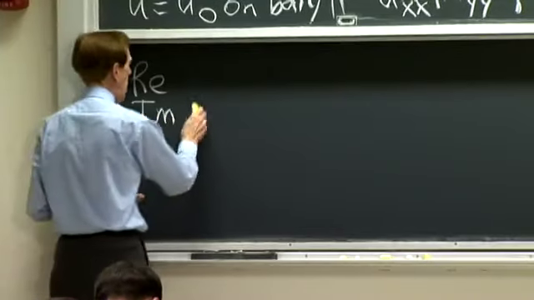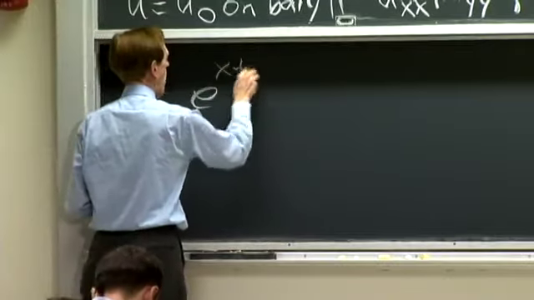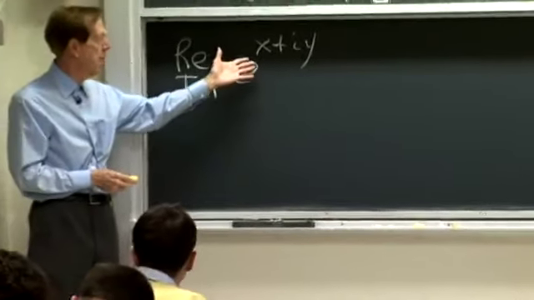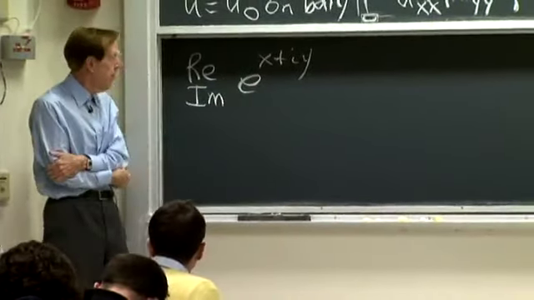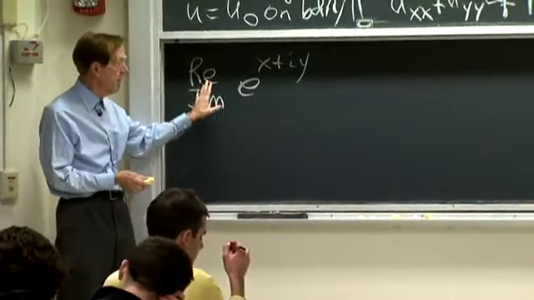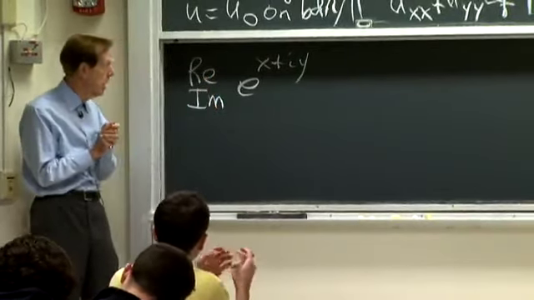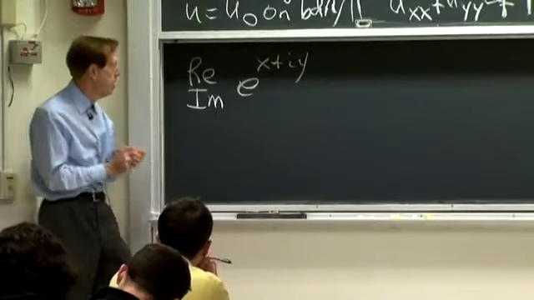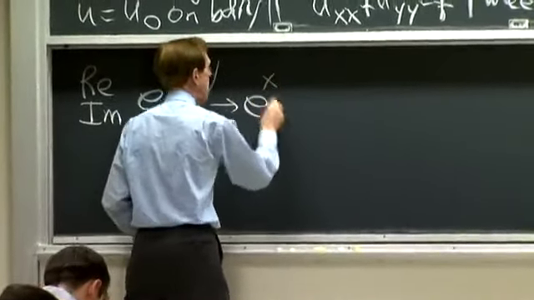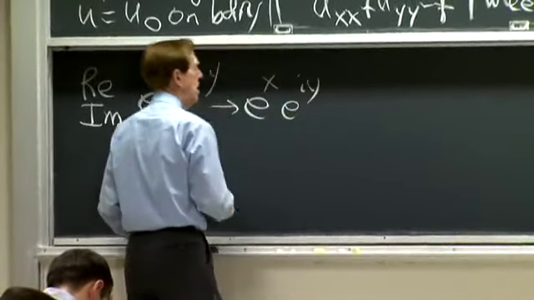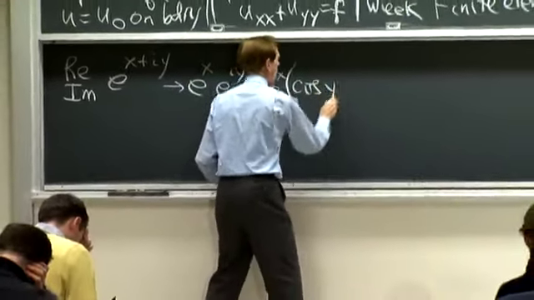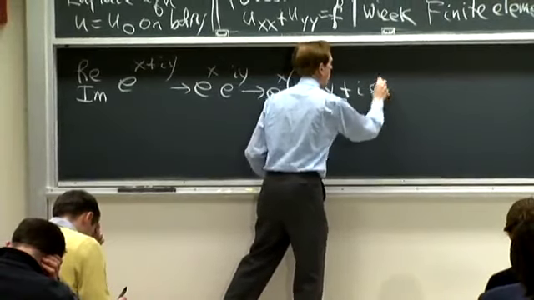Let me take e to the x plus iy. It's a function of x plus iy, an extremely nice function, and we can figure out its real and imaginary parts, and we get two solutions to Laplace's equation. Because the good way is to write this thing as e to the x times e to the iy. And again, we'll write it as e to the x times cos y plus i sine y.